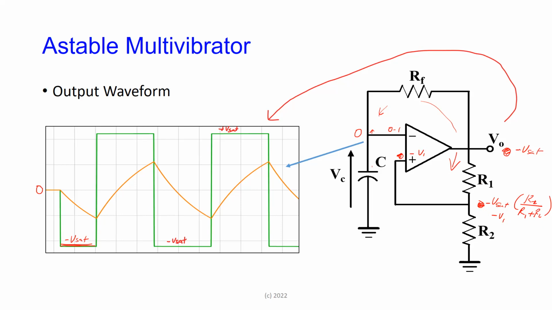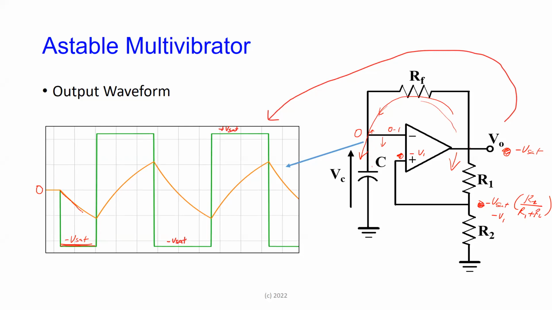If here is at minus VSAT, the capacitor now starts to charge to that voltage through this RF. Here's minus VSAT, so the capacitor will charge through RF to try to get up to minus VSAT. All right? And once it's doing that, this voltage here is going to be falling because the capacitor is charging negatively, right?